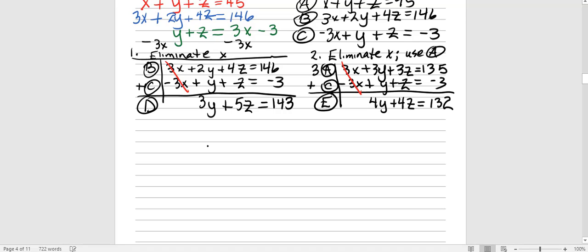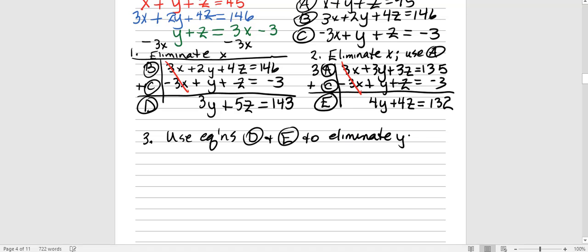So I'm going to use in my third step equations D and E to eliminate y or z. I have to choose which one I'm going to eliminate. And I'm going to choose to eliminate y.